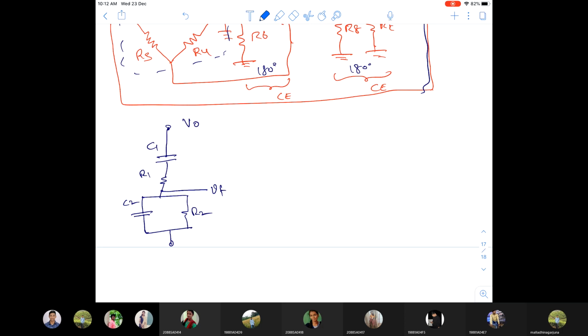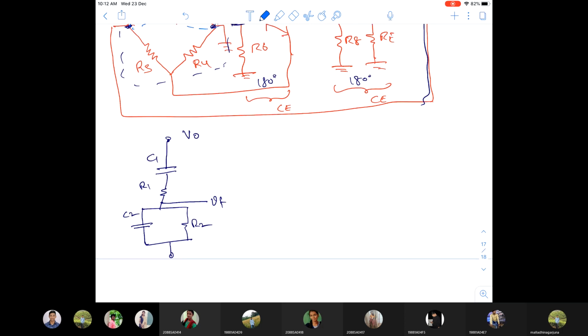Is this clear? I just took some piece of our tank circuit, some piece.